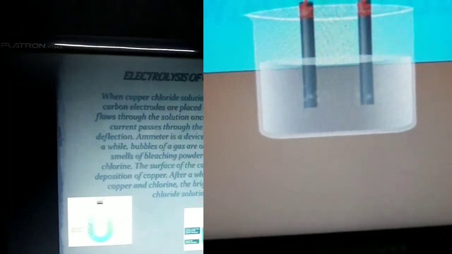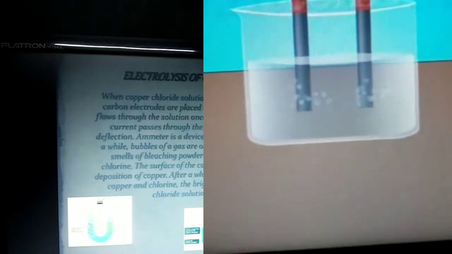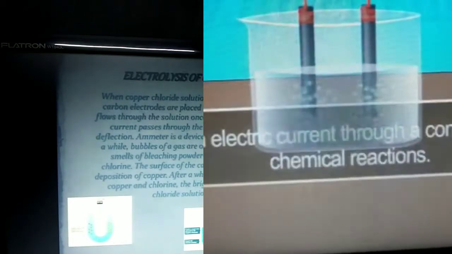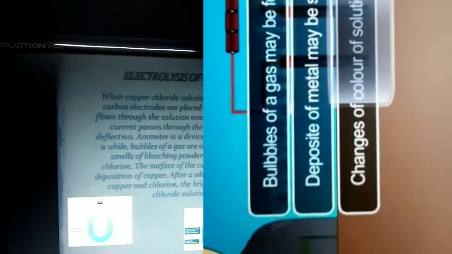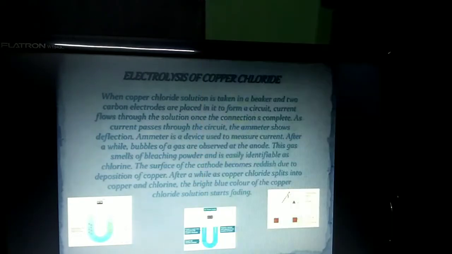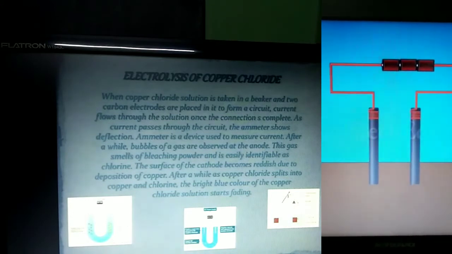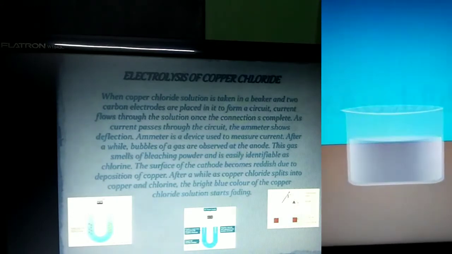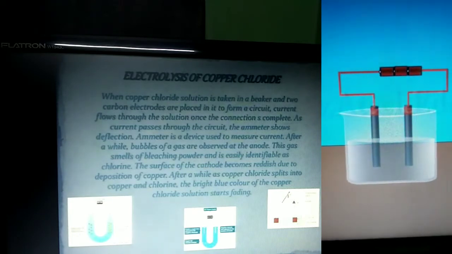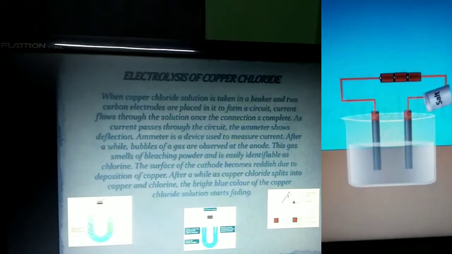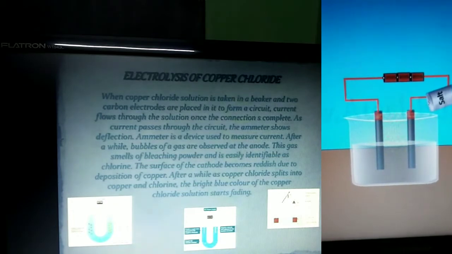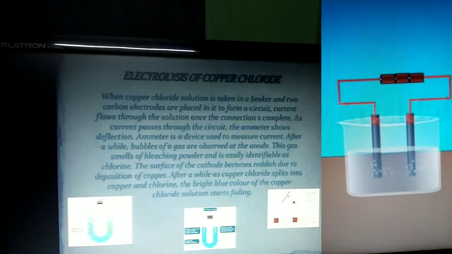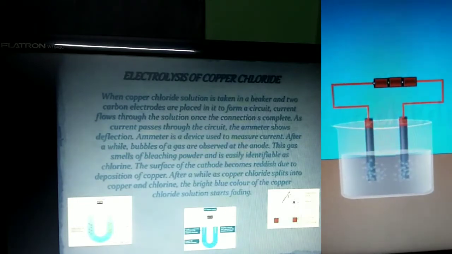After a while, we can observe bubbles of gas formed at the anode. This gas smells like bleaching powder and is easily identifiable as chlorine. The surface of the cathode becomes reddish due to deposition of copper. By this we can say that copper ions are positive, so they move towards the cathode, whereas chlorine ions are negative, so they move towards the anode.